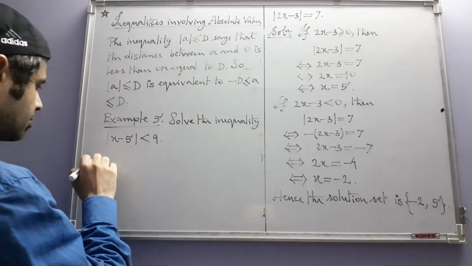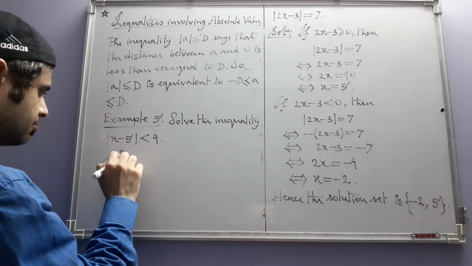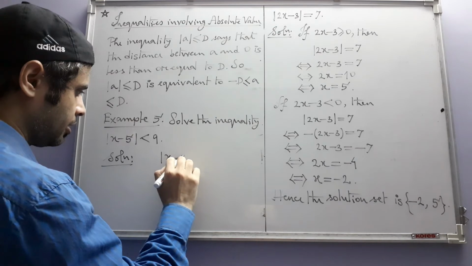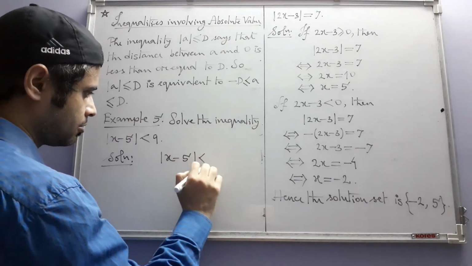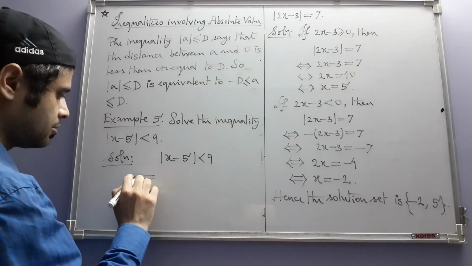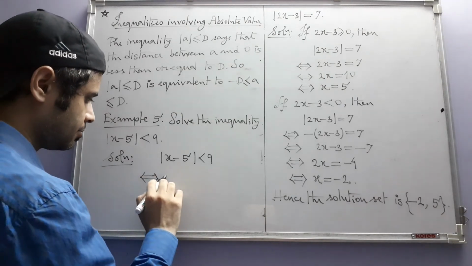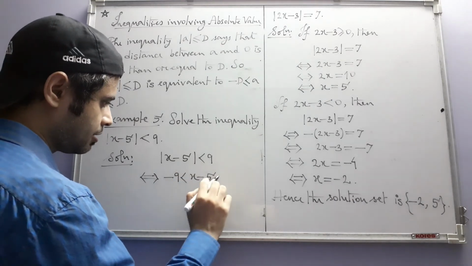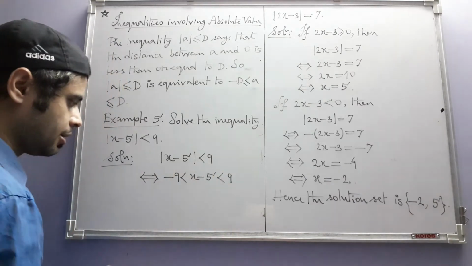Okay, now we have to solve this inequality. |x minus 5| less than 9, from this discussion, is equivalent to these inequalities. x minus 5 is less than 9.